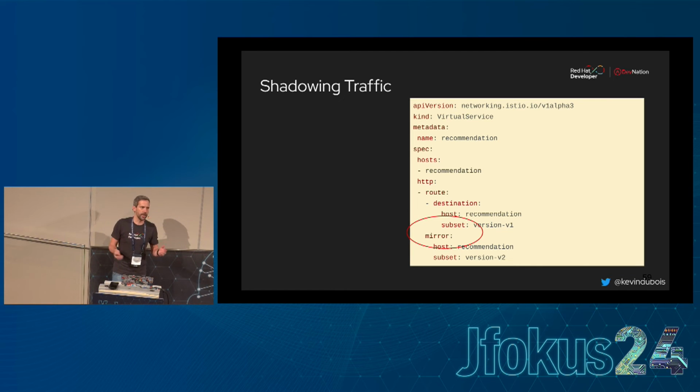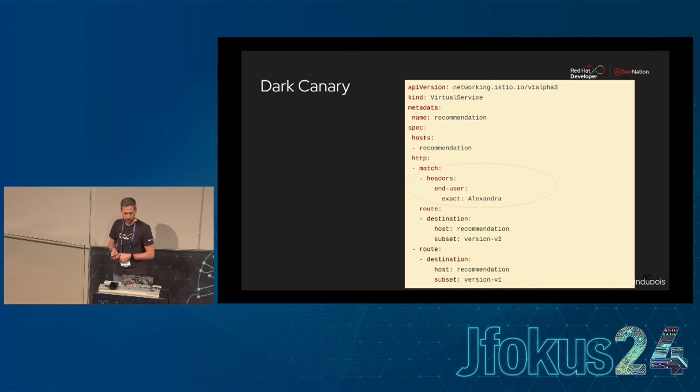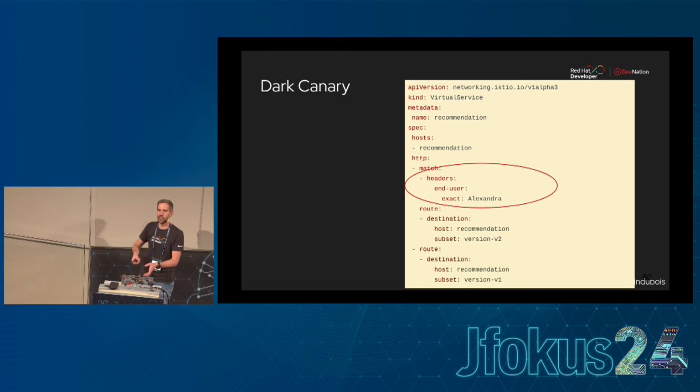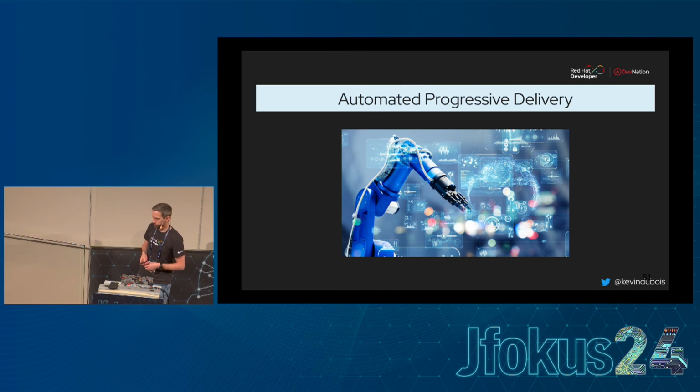You can define that pretty easily with virtual services in Istio. And then you can also say, if the headers match, in this case, Alexandra, then Alexandra gets to test version 2, and everybody else still uses version 1. You can define that pretty easily as well with Istio.